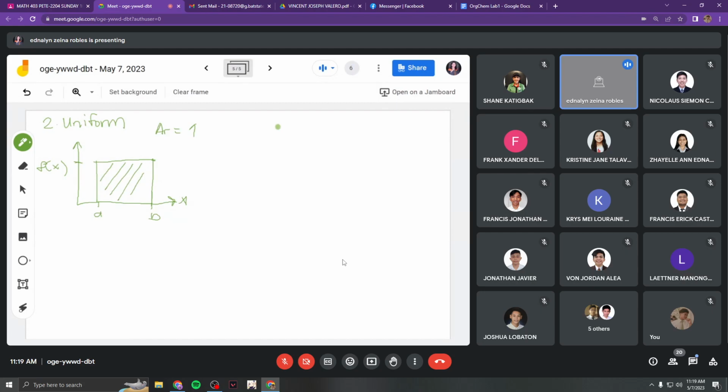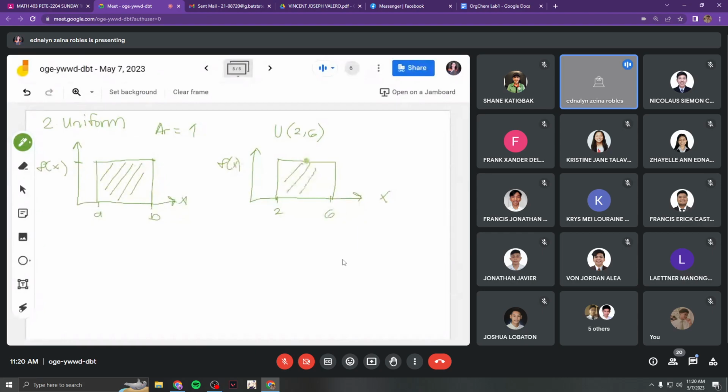So for example, I have a uniform that follows 2 to 6. So, meron akong uniform values na 2 to 6. At i-graph ko siya ng ganito. Example, ito yung 2 ko, ito yung 6 ko. And I want to get the probability. I want to get my f of x.